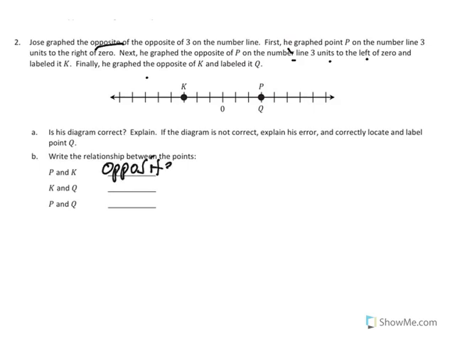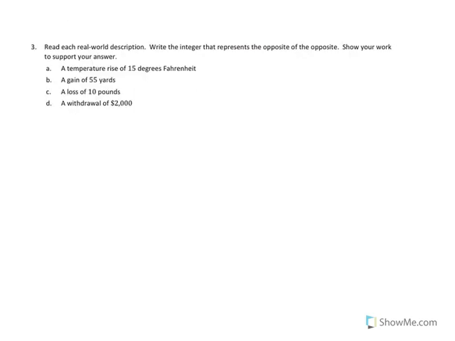How about K to Q? Are they the same or opposites? They are also opposites. And lastly, how about P and Q? Yeah, they're the same. All right, not too bad.